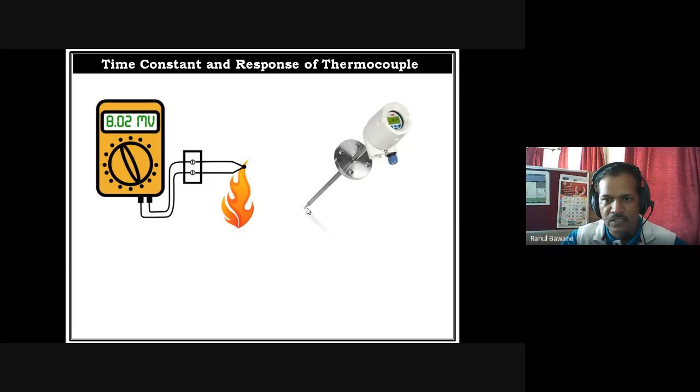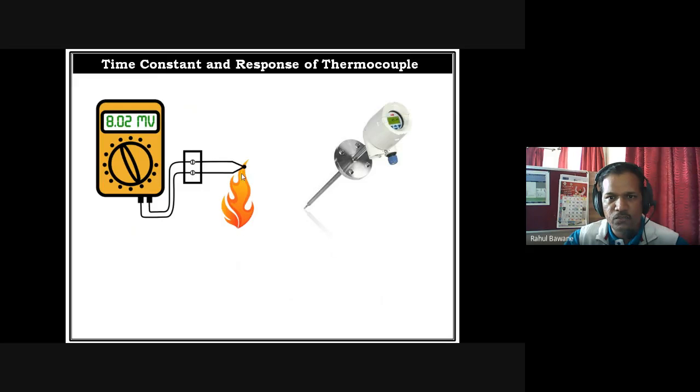We have to insert this probe portion into that stream, and it will read the temperatures. Such kind of arrangement is there. This thermocouple is used to measure the temperature of any hot fluid or hot gas.